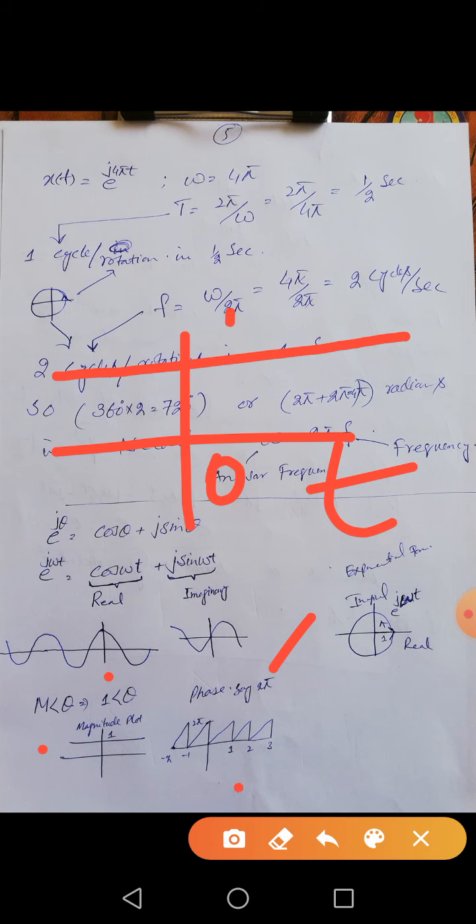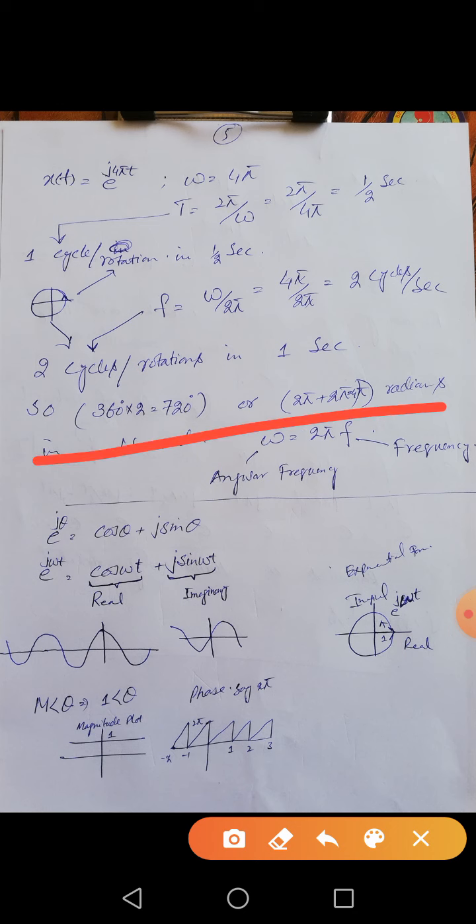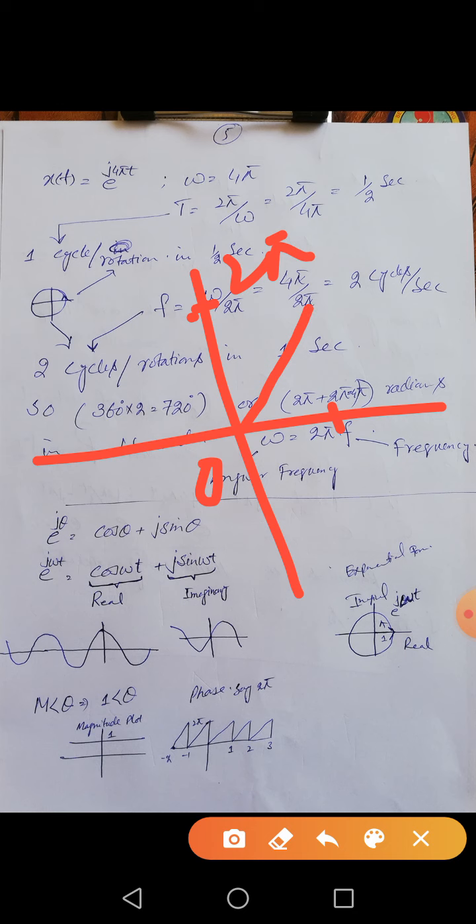For phase, say its phase is 2π at 0. Again it increases, at 1 it becomes 2π, and it will move on, sorry, at 2 it will be 4π, and at 3 it will be 6π.